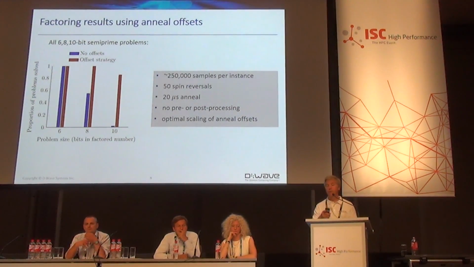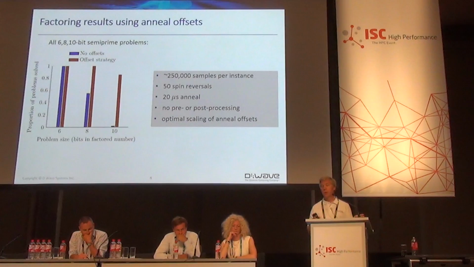And you'll see as we go from 6 to 8 to 10, the success rate, as measured by the height of that bar, is dropping. So at 6 bits, I'm reliably able to factor every time. At 8 bits, my factoring rate drops to around 50 or 60%. And when I get to 10 bits, I'm well under 10%.